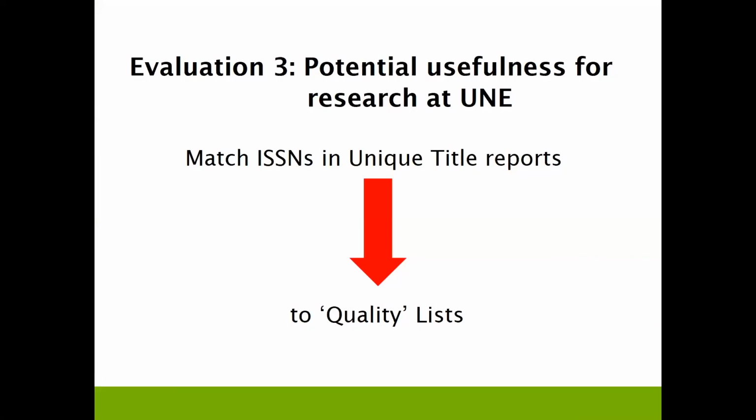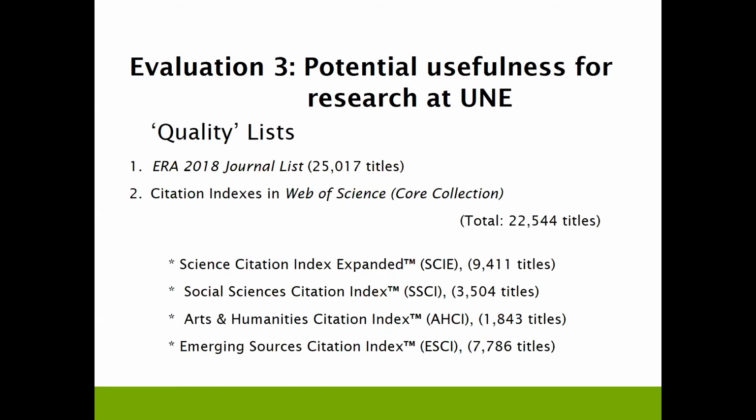The final evaluation involved determining the potential usefulness for research of the unique titles discovered in the overlap analysis. This was done by comparing ISSNs in the unique title reports to a range of journal lists that indicate minimal acceptability for research at the lowest end to high quality at the other.